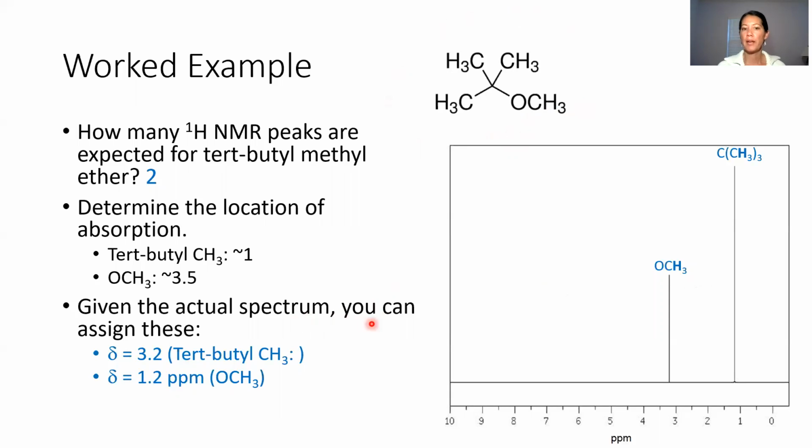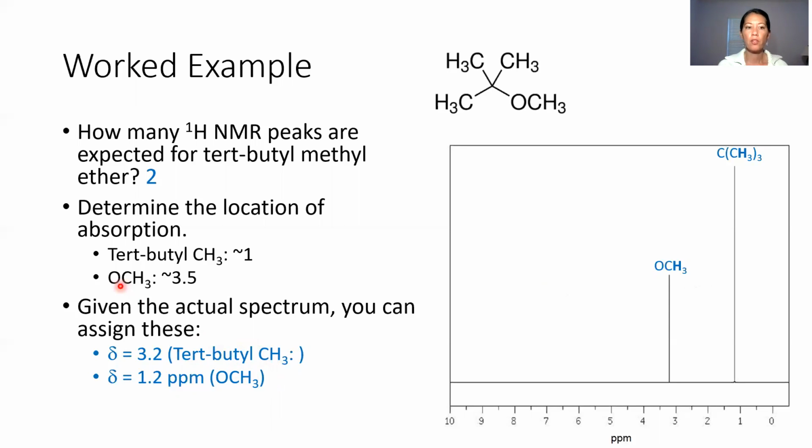Given the actual spectrum, you can actually assign these. So here's this actual spectrum. There's a peak around 1.2, and there's another peak around 3.2. Sorry, I totally messed this up. This is switched, I apologize, and I'll correct that on the slides.